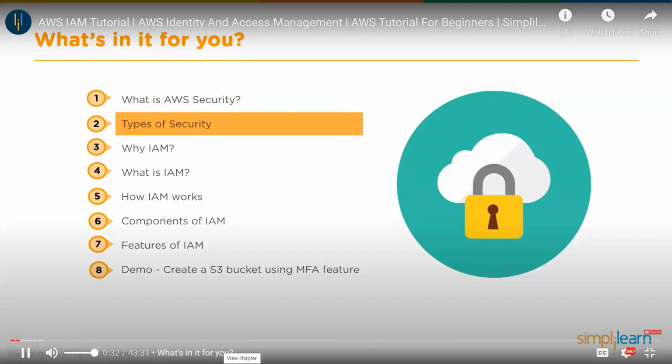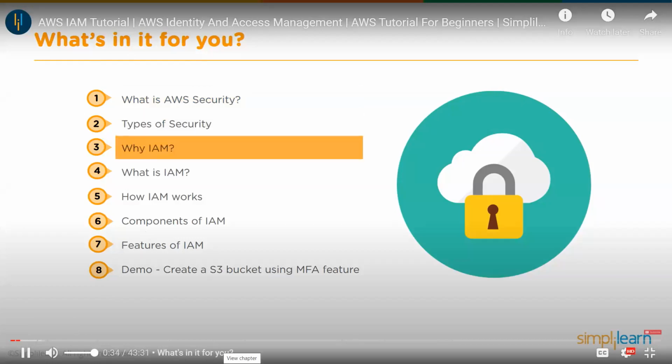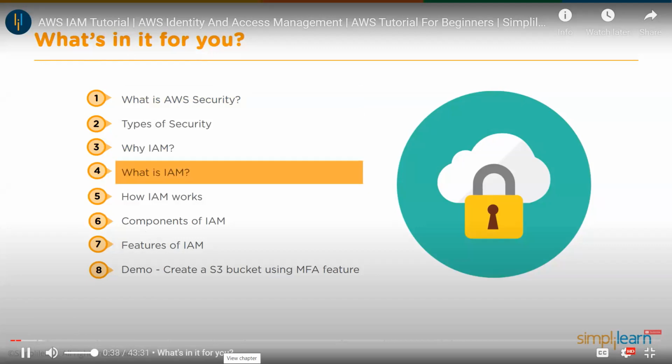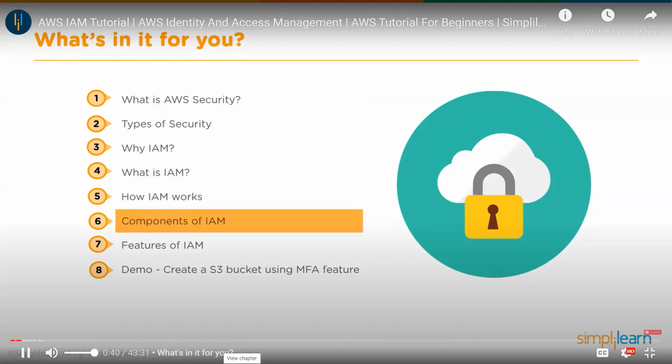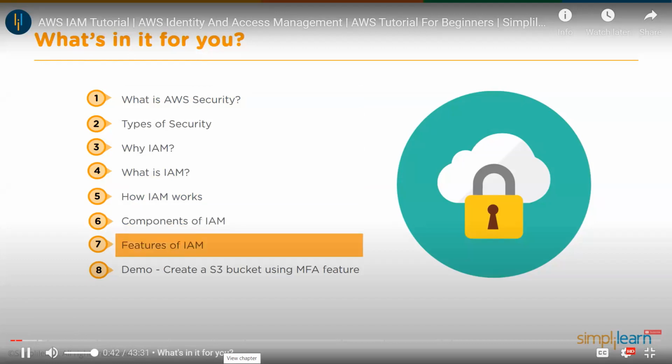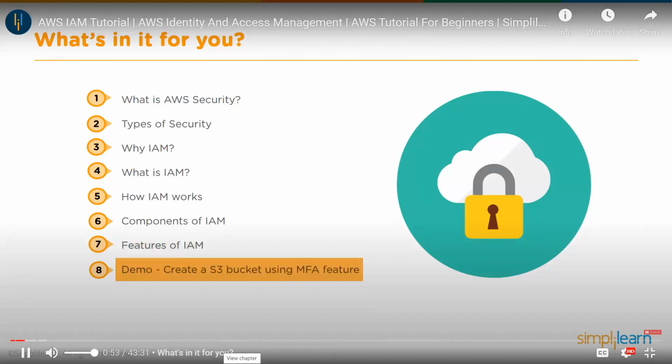Out of all the services, why IAM is the most preferred one, and then what IAM is in general, how it works, the building blocks or components in IAM, and the attractive features that make IAM stand out from the rest of the services available. We're going to end today's session with a demo about how IAM interacts with other services in Amazon and helps create a secure environment in the cloud.